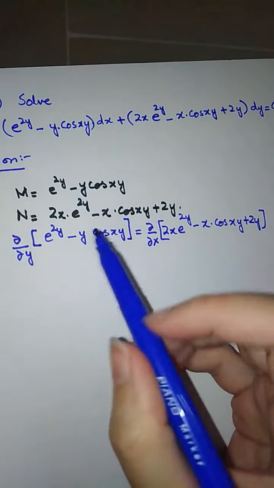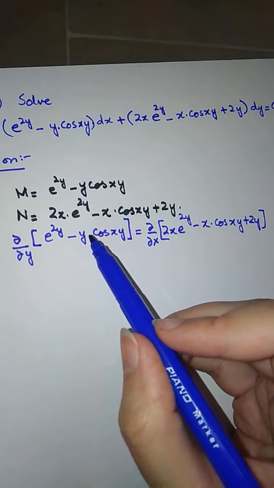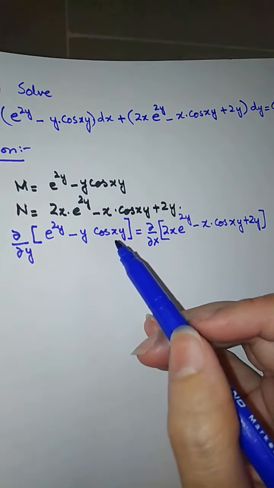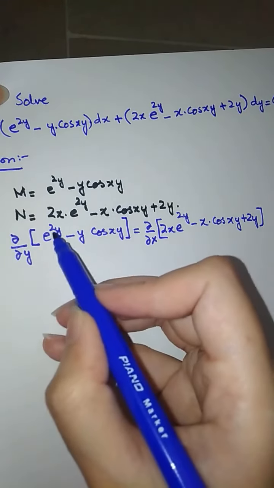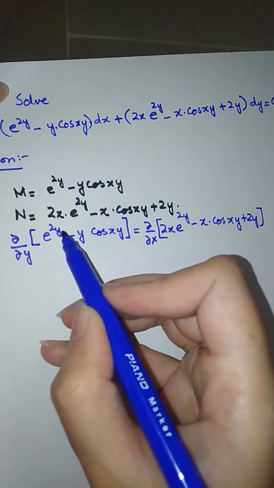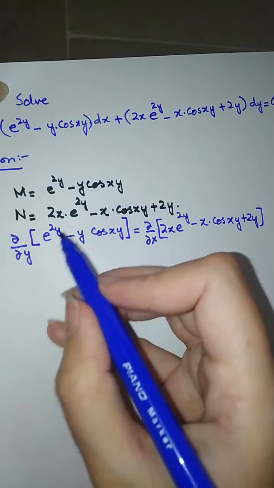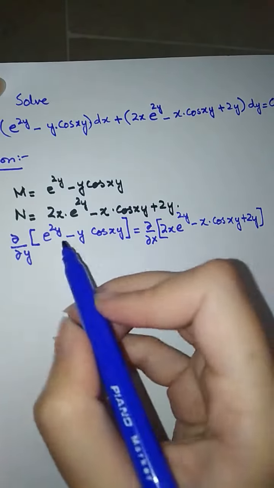One more thing: if we have two terms that are multiplied, we should apply the product rule for derivatives. First is e^(2y).